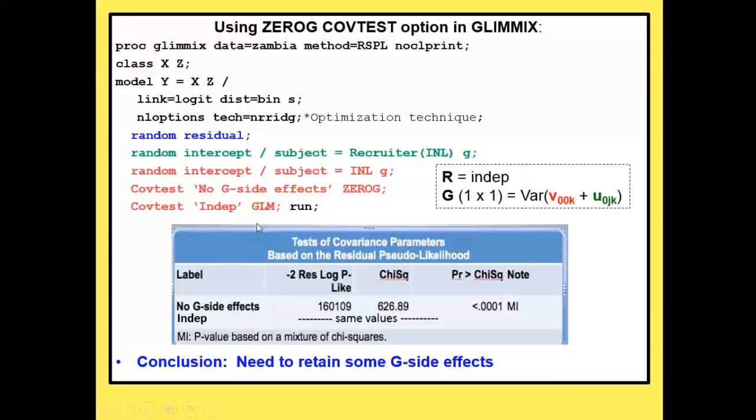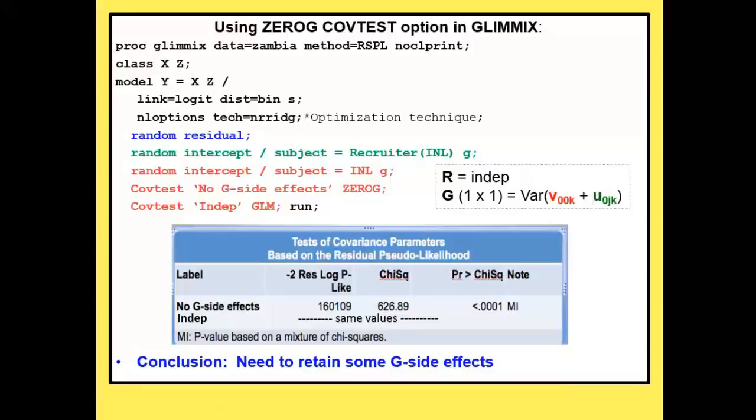Okay. Now, what's the model? The model is R is independent, and the G matrix is a 1-by-1 matrix, and it's composed of a scalar that has to do with the sum of the two random effects that go into the intercept. That's what the G matrix is.